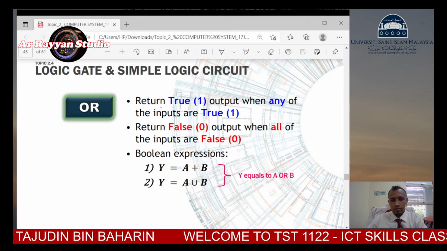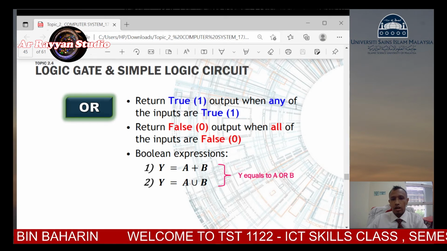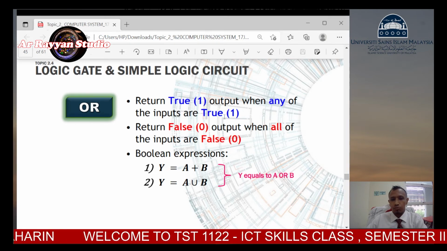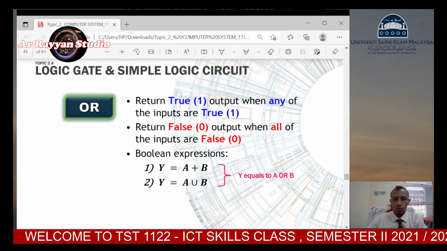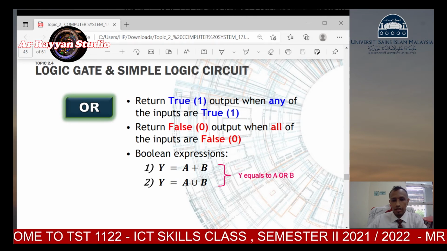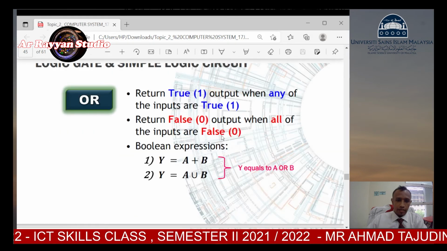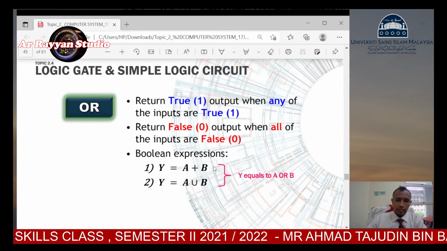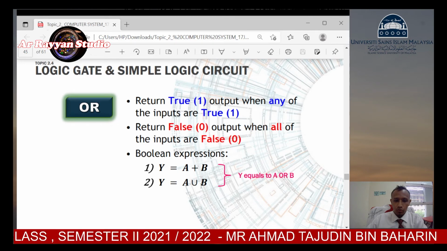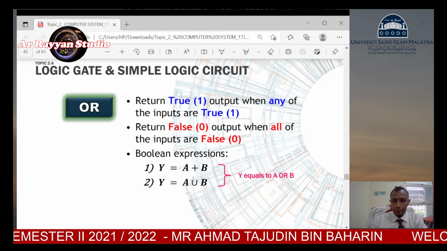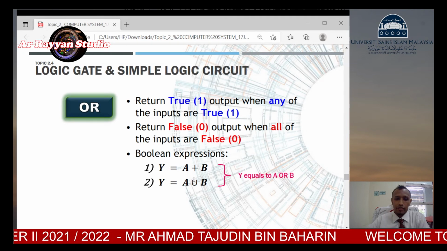Alright, next is we have OR logic gate. This OR logic gate return true output when any of the input are true. Return false output when all input are false. Example, y equal to a plus b and y equal to a union of b.